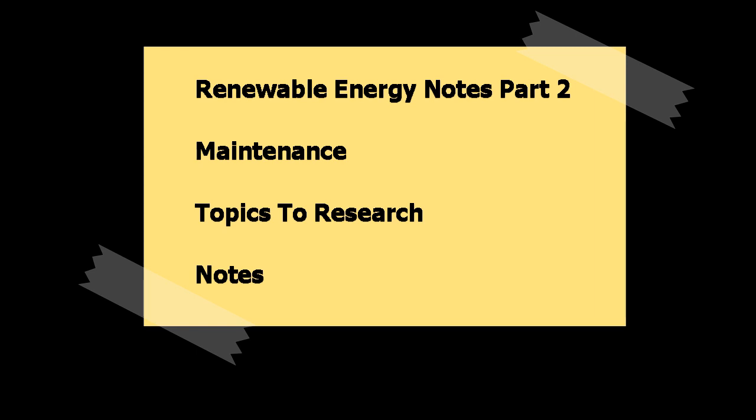Alright, some notes now. Remember, we're talking about renewable energy level 3. We had a great teacher, and I'm going to be going over some of the notes he gave us that helped us pass the course. Maximum allowance voltage drop is 2.5% of declared voltage.